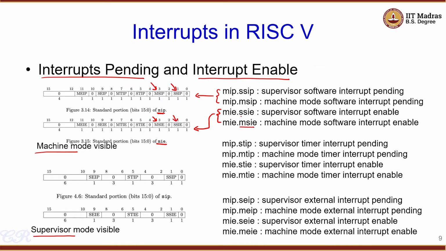Now, what are we able to do with these things, right. So, in machine mode and in supervisor mode, we can enable or disable software interrupts. That's with the MIE, the interrupt enable register. At the same time, we can also identify whether a software interrupt has occurred in machine mode or in supervisor mode by the SSIP and the MSIP bits, right.